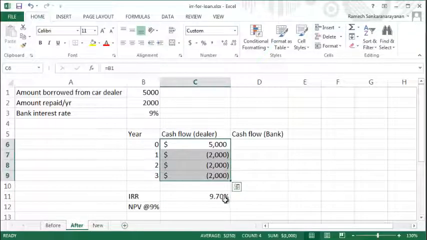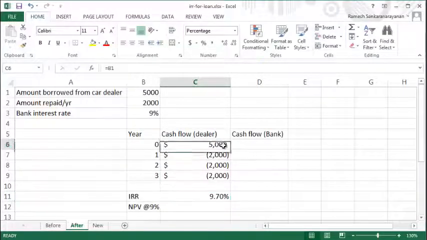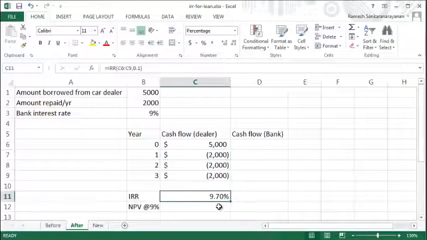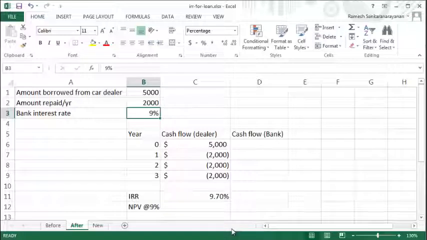Now, is that good or bad? If you were investing this money and earning money at the end of various years from your investment, then your 9.7% is greater than, let's say, the money that you would earn in the bank, which is 9%. So it would be good.